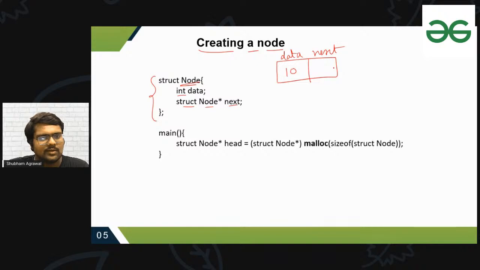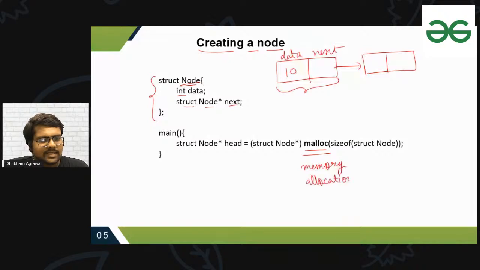So how will we create this node? We will use the dynamic memory allocation function in C, which is malloc. It stands for memory allocation. It is a function and it returns a void type pointer, so we have to typecast it into the node pointer.